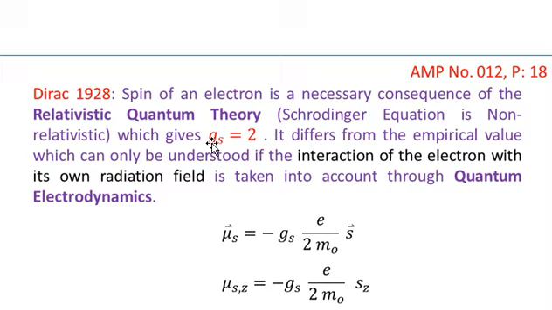So you see that this is the value that we have found from the relativistic quantum theory: Gs is equal to 2. But later we shall see that Gs equal to 2 will be modified by its empirical value, which will be 2 point something. That can only be explained if we take into account the interaction of the electron with its own radiation field.